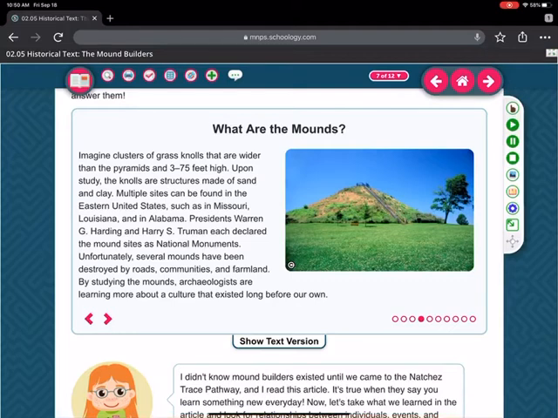Presidents Warren G. Harding and Harry S. Truman each declared the mound sites as national monuments. Unfortunately, several mounds have been destroyed by roads, communities, and farmland. By studying the mounds, archaeologists are learning more about a culture that existed long before our own.